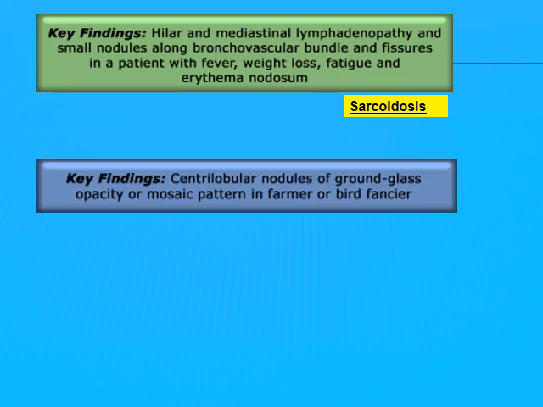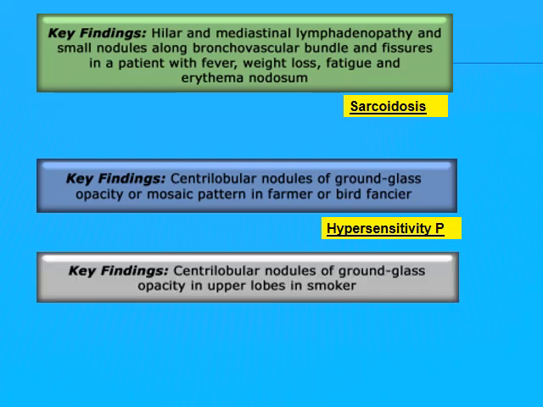Sarcoidosis. If the patient has centrilobular nodules of ground glass opacities or mosaic pattern, and he's known to be a farmer or has certain drug treatments, or he is a bird breeder, what do you think? Hypersensitivity pneumonitis, subacute hypersensitivity pneumonitis.